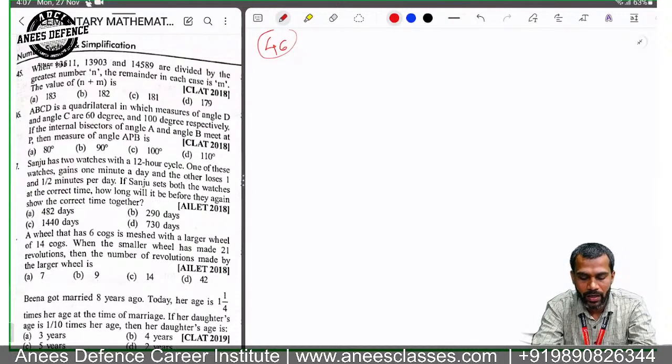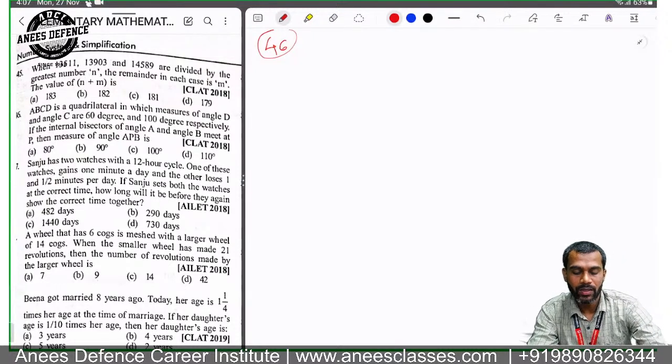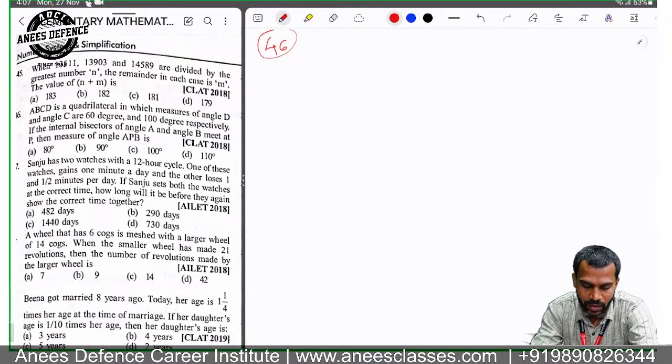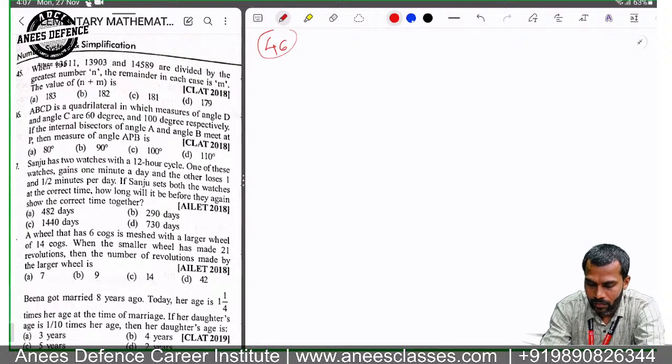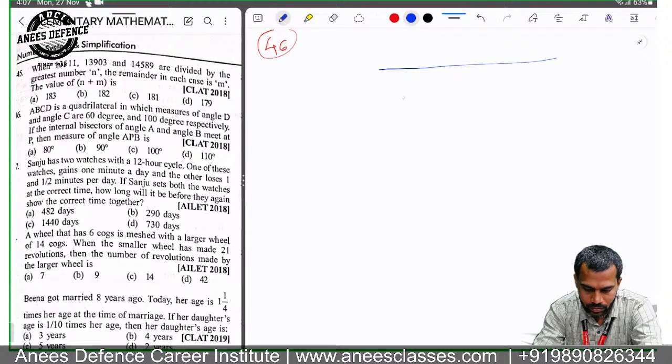Shall I draw the diagram? ABCD is a quadrilateral in which the measures of angle D and C are 60 and 100. If the internal bisectors of angle A and B meet at P, very easy. See, let me draw some quadrilateral. The angles D and C are 60 and 100.